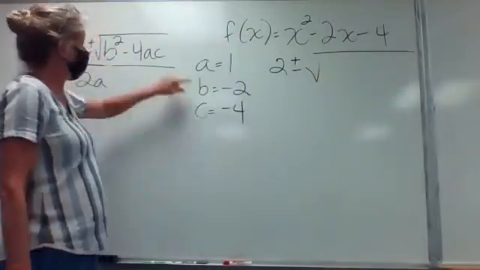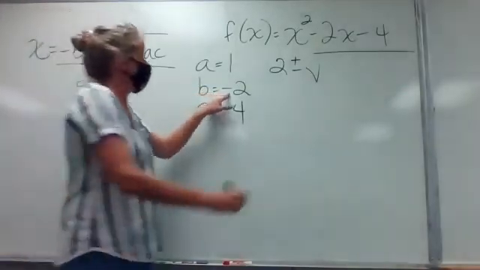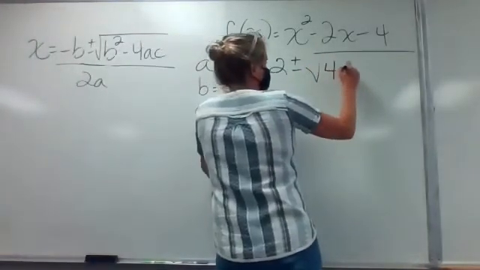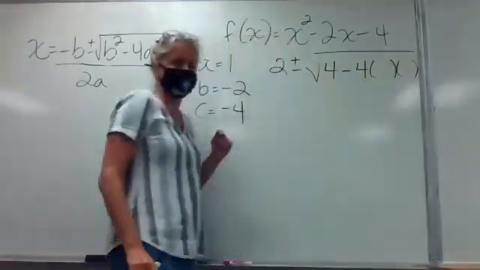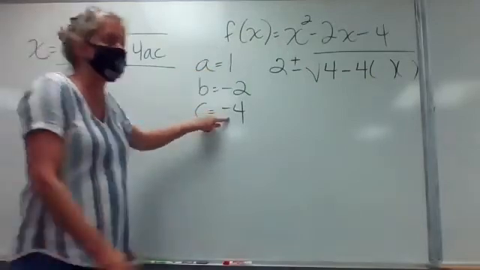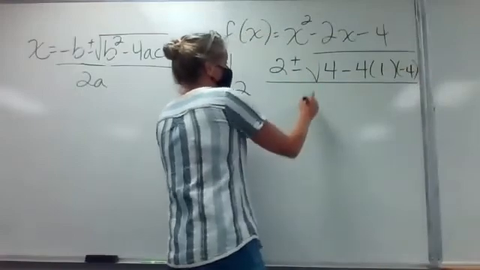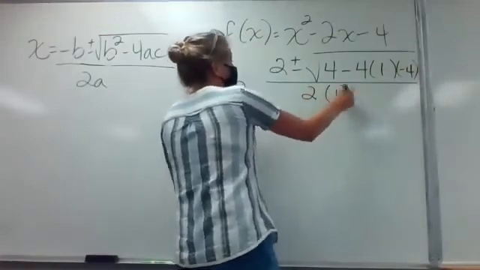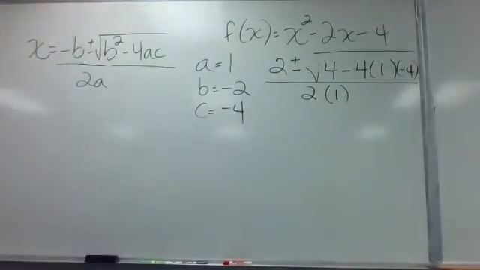Under the radical, I'll have my B, but I'm going to multiply it times itself, so it'll give me +4. And a -4 from the formula, A and C, which is 1 and -4. All over 2 times A, which is 2 times 1. So nothing out of the ordinary yet.